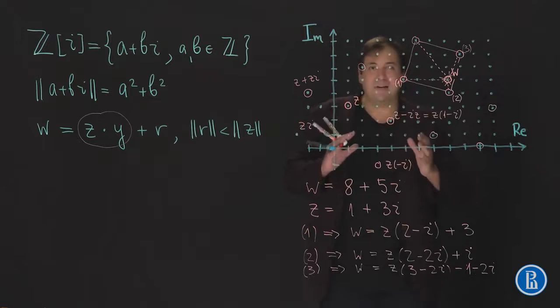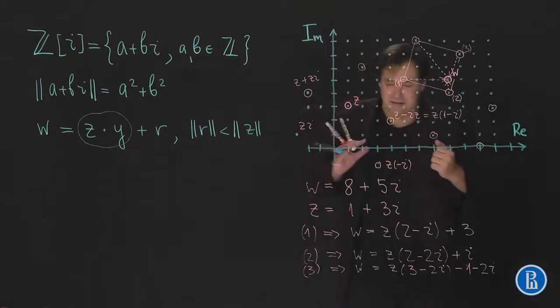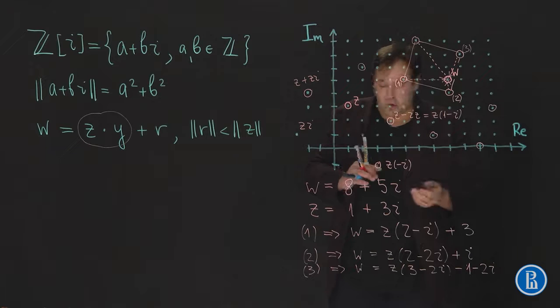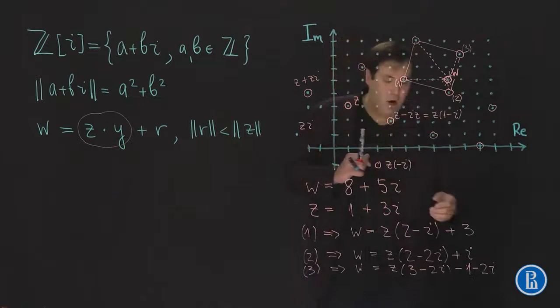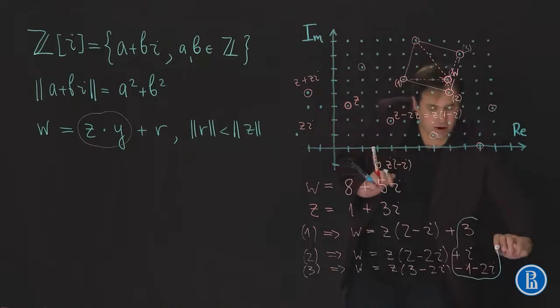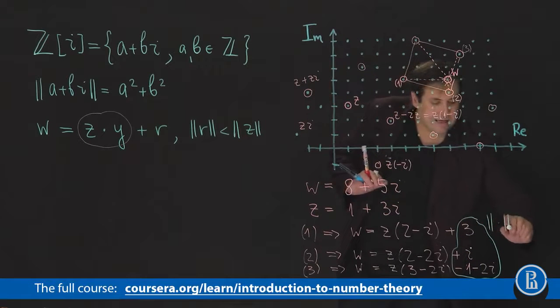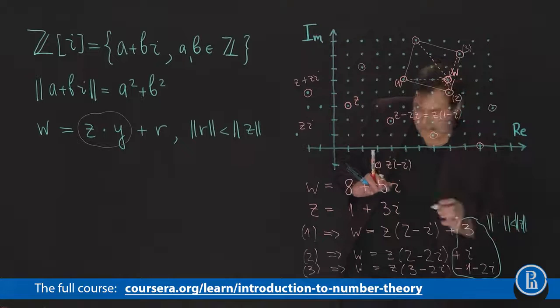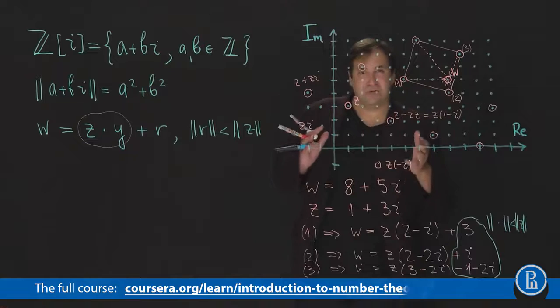All we need is that there exists a remainder such that its norm is less than the norm of z, and obviously the norm of all these 3 complex integers is less than the norm of z. Thus, complex integers form a Euclidean ring.